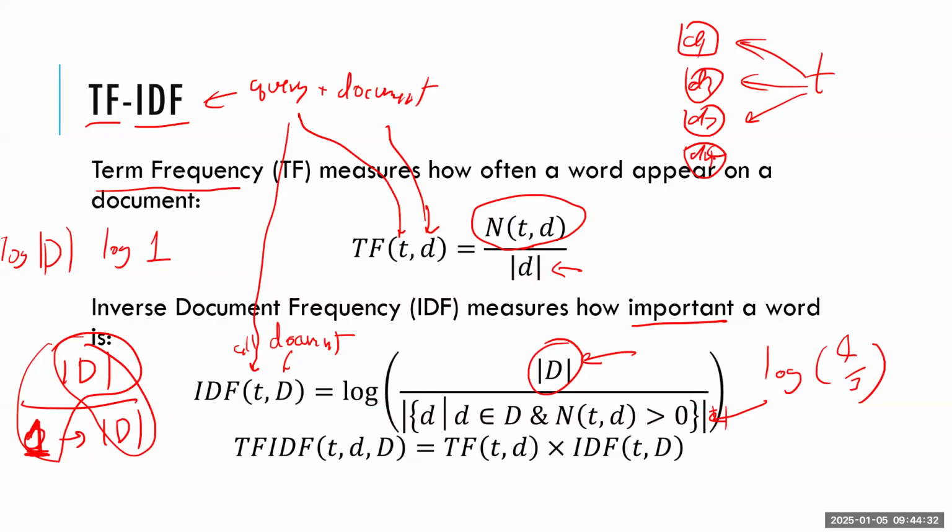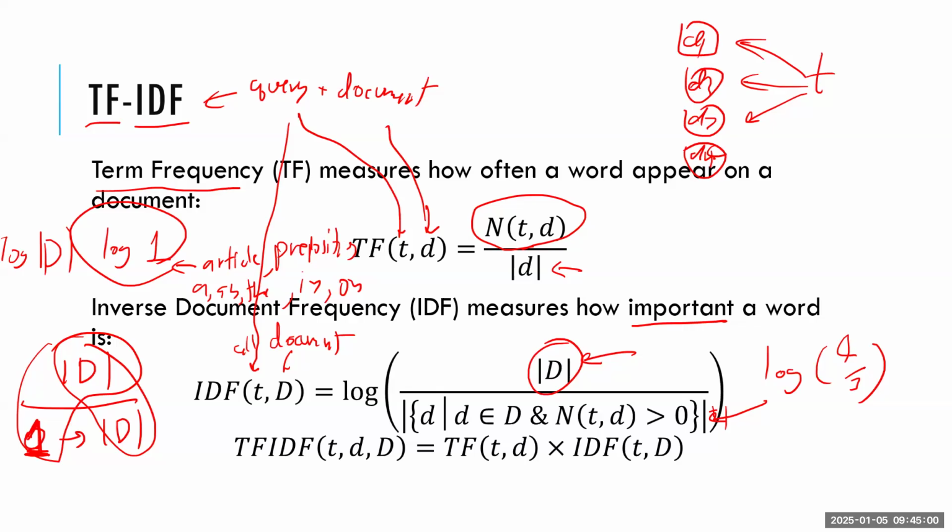Most of the time, the words that give you log of 1 would be articles or prepositions. For example, a, the, maybe in, be, on. So the words that are not noun phrases, basically.